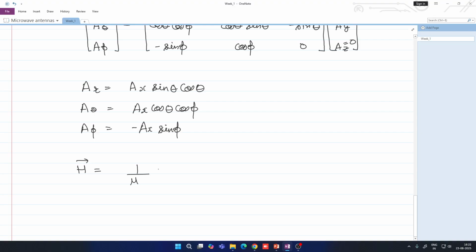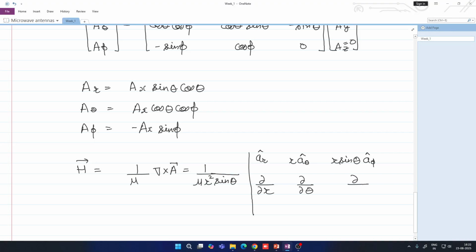So I'm taking the curl of this A vector, which is given by 1 by mu r square sin theta times the determinant of a r cap, r a theta cap, r sin theta a phi cap, dou by dou r, dou by dou theta, and dou by dou phi, then A r, r A theta, r sin theta A phi.